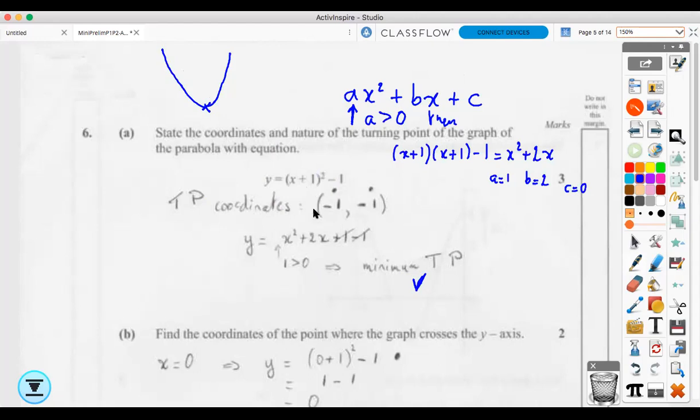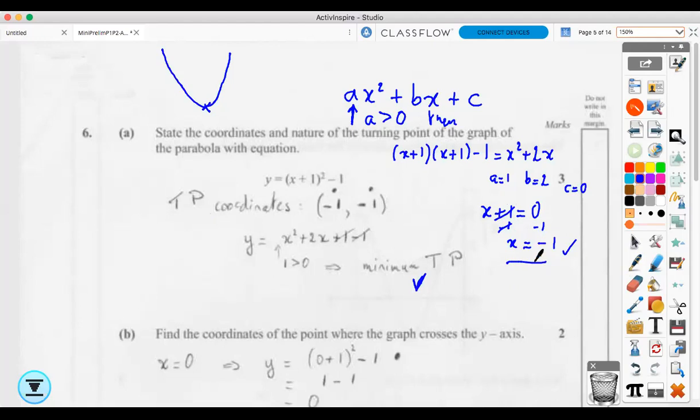Okay, so when is x plus 1 equals 0? x plus 1 equals 0. We take away 1, we take away 1. Those two go. 0 minus 1 is just -1, so x equals -1.